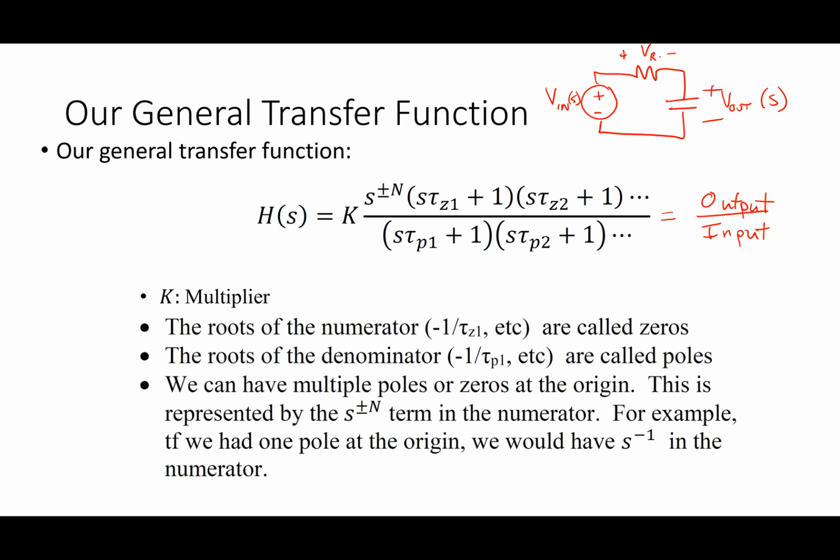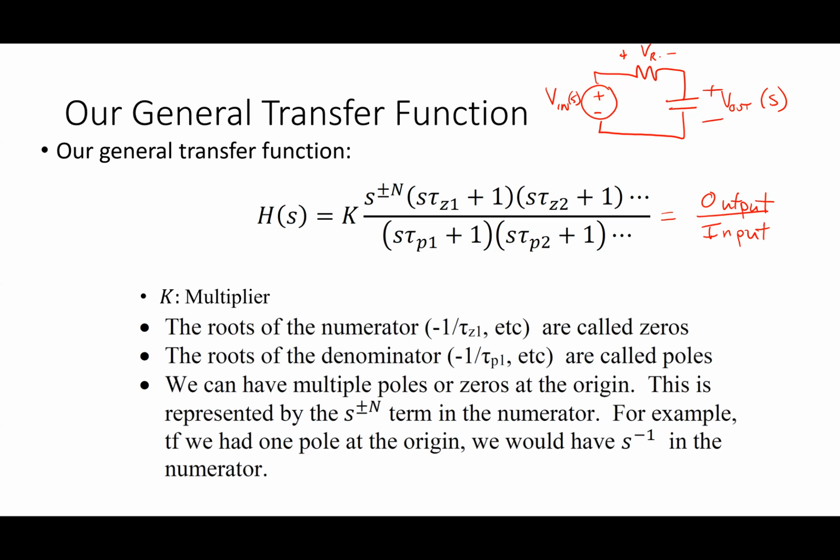Now what we do is we relate those to what we call the breakpoints when we draw the graph. In general, we also say we have multiple poles or zeros at the origin. I did this really generally, right? So basically what this says is that if N was a positive number, let's say N was 2, how many zeros or poles would I have if N was 2?